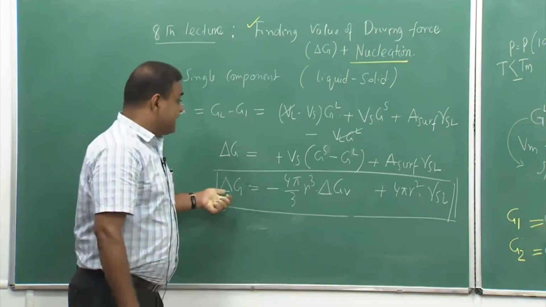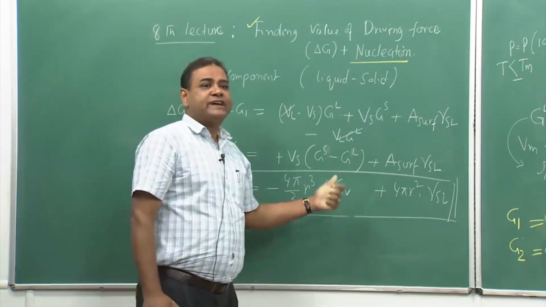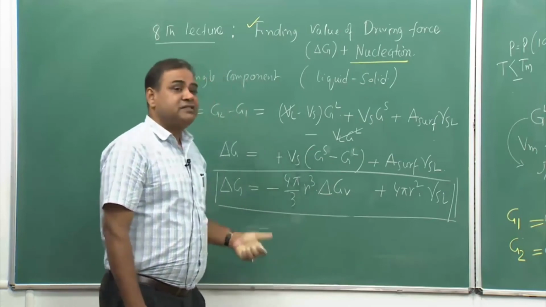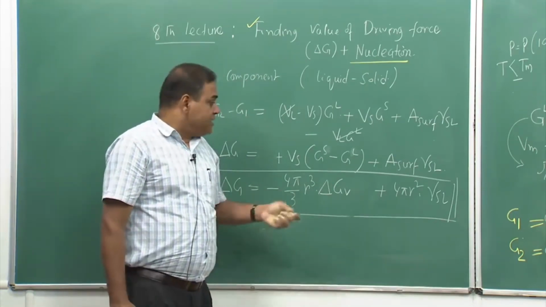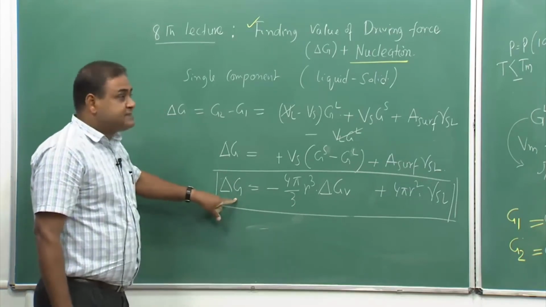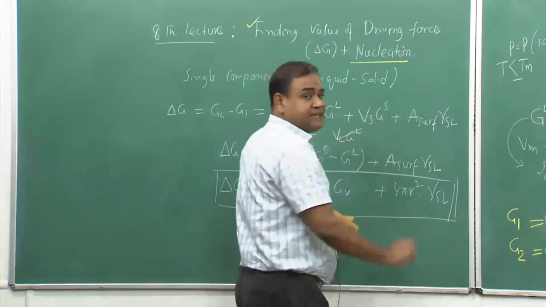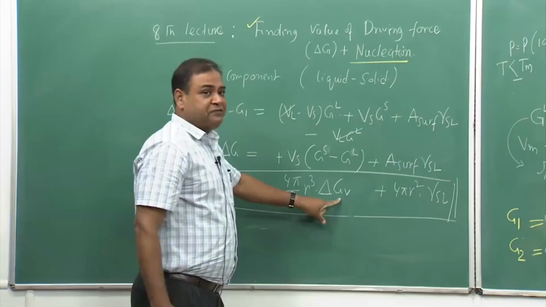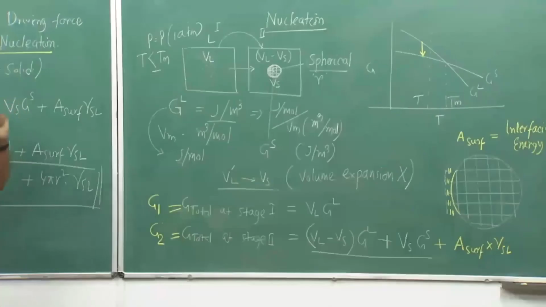Rather, we will see that from this we get an expression for the nucleation. Okay. So, this is the expression, and also you see this del G is the difference between stage 1 and stage 2, and this del GV is the difference for the liquid to solid transformation.